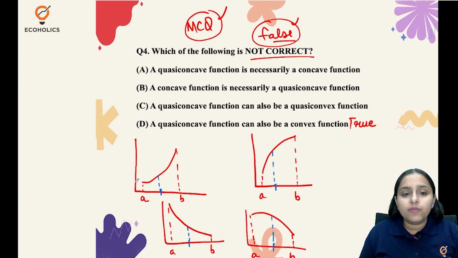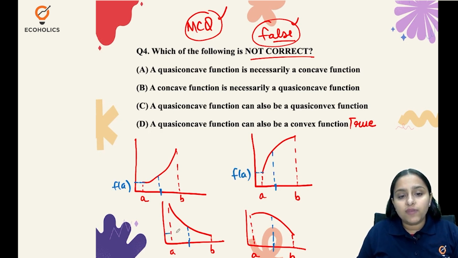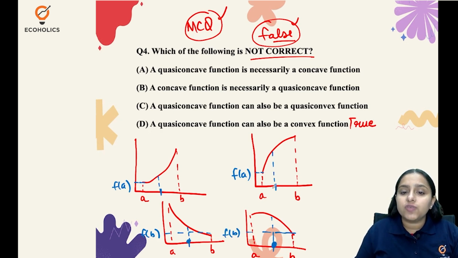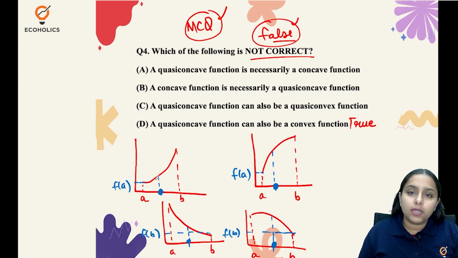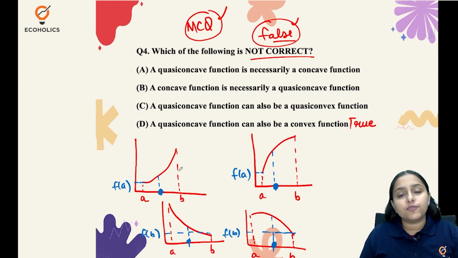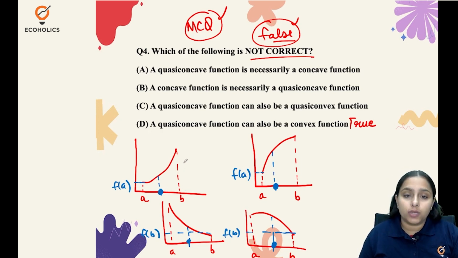Here the minimum value is given by f of A, here again f of A, here f of B, and here again f of B. So every point between A and B should give me a value greater than the minimum value. In that case, the function is called quasi-concave.